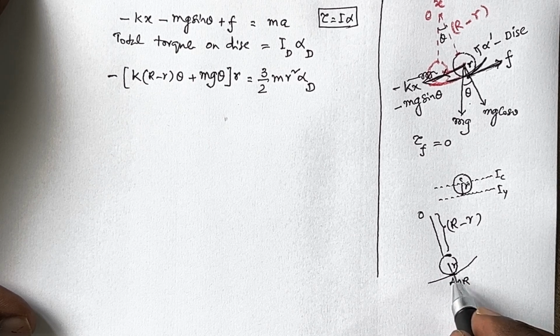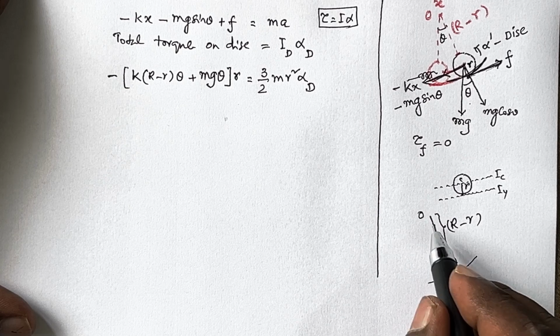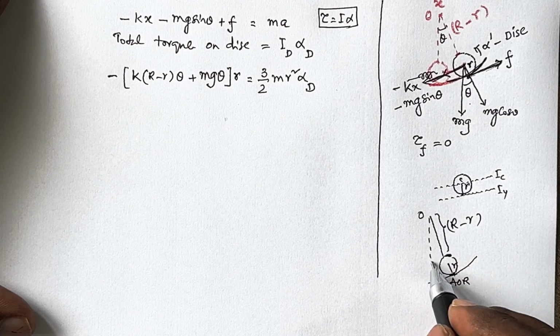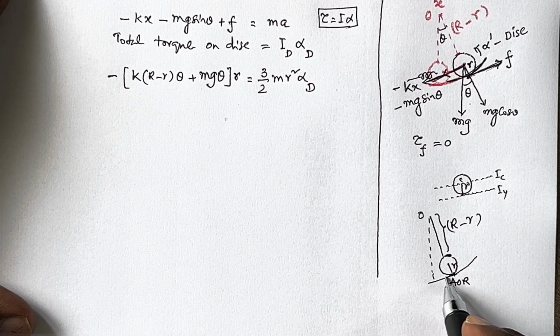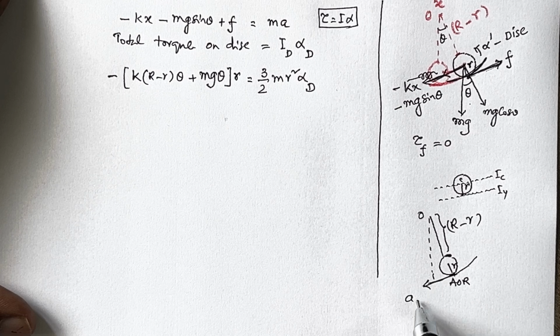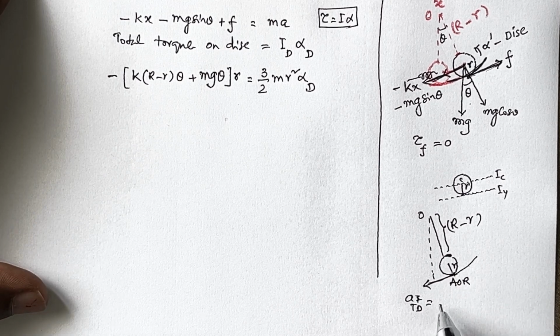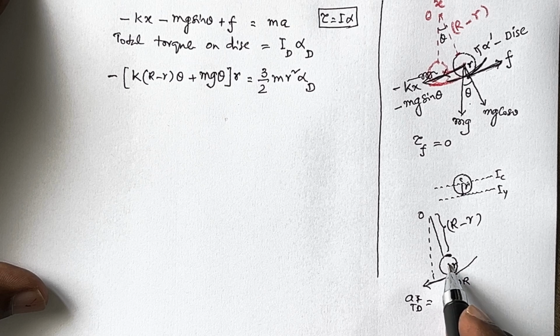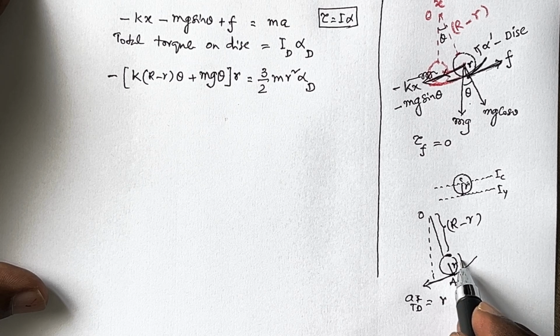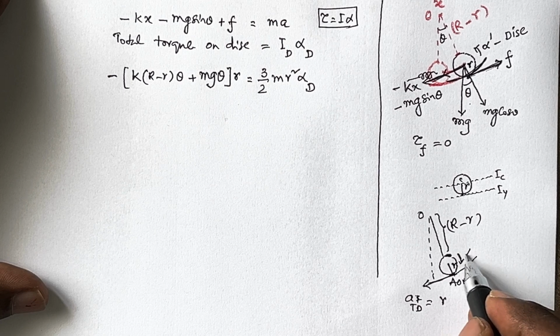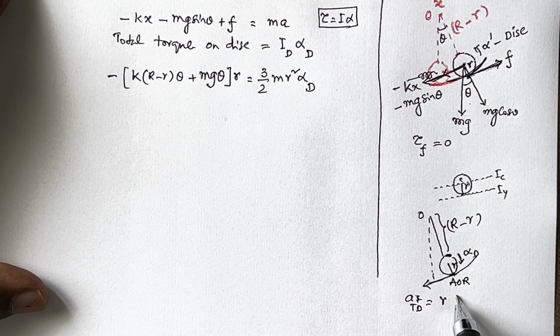About this axis of rotation, this tangential acceleration of the disk is equal to, what is the formula? a is equal to r, this small r, and this one is rolling down. So this is alpha of the disk.